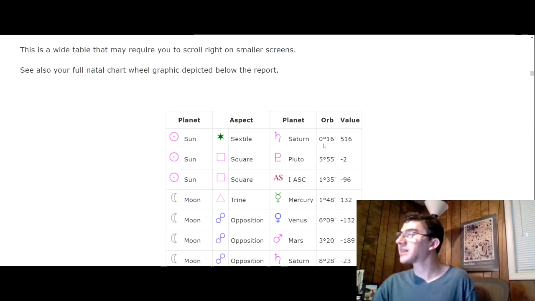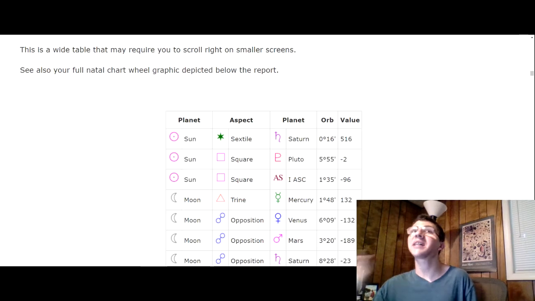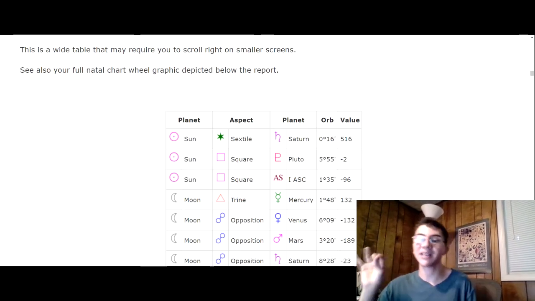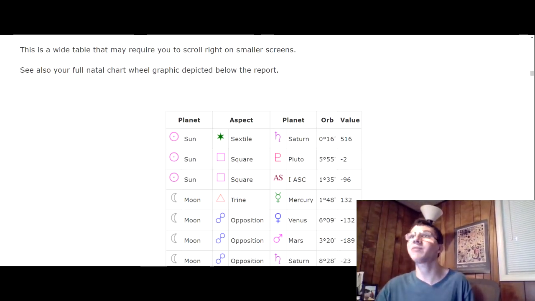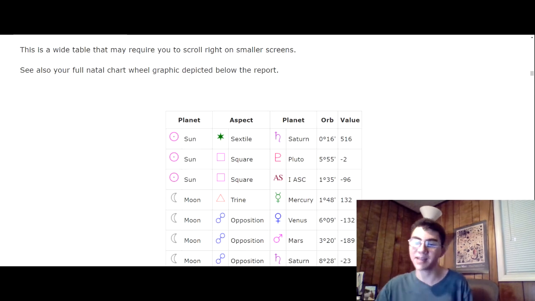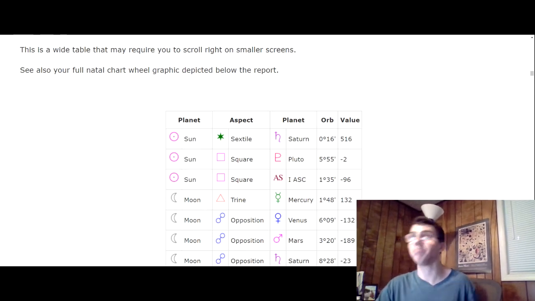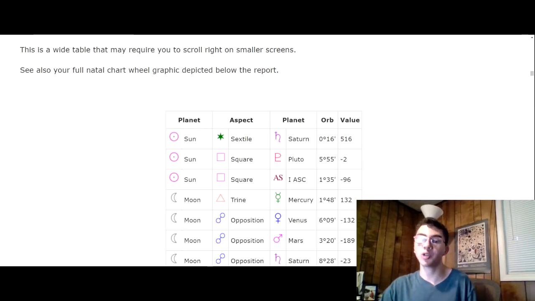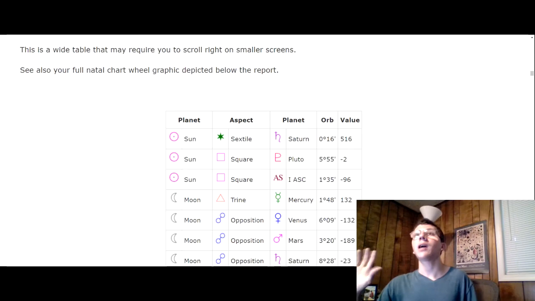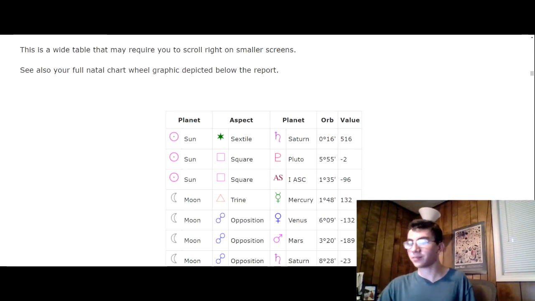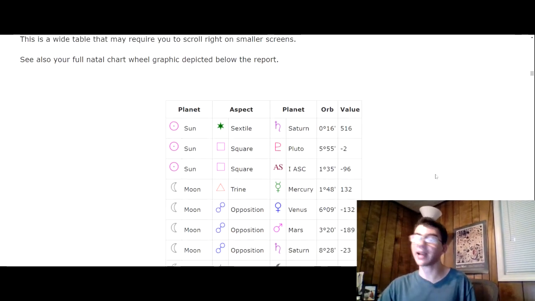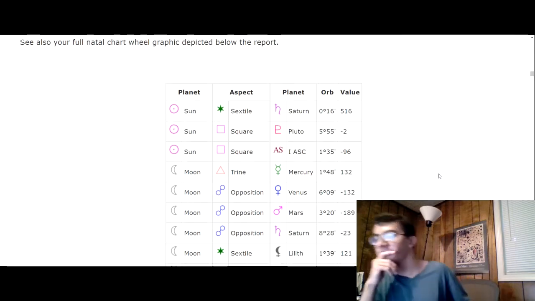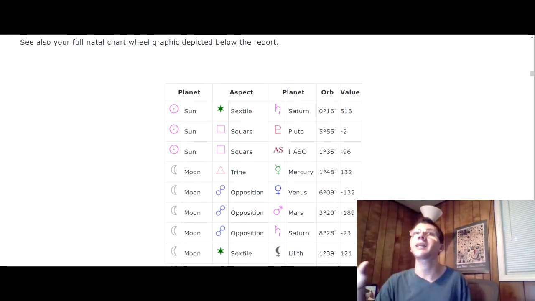But 0 degrees and 16 minutes, it is still exact, but not exactly exact. It doesn't have to be exactly exact. But when you see that 0 degree point, then you know that conjunction is exact, basically speaking.